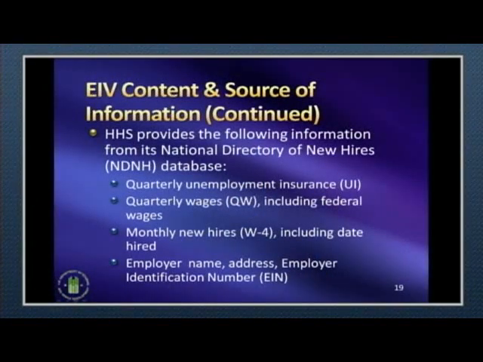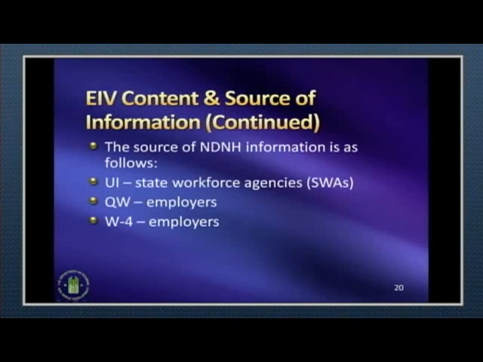Now, the second data source in EIV is derived from the Health and Human Services, or HHS's National Directory of New Hire, or NDNH database, and they provide HUD with quarterly wages, quarterly unemployment insurance, as well as monthly new hire and employer name, address, employer identification information. The source of this information in the NDNH database, notice that the UI, or unemployment insurance, is derived from the state workforce agency, or the agency within your state that is responsible for paying out the periodic unemployment compensation.